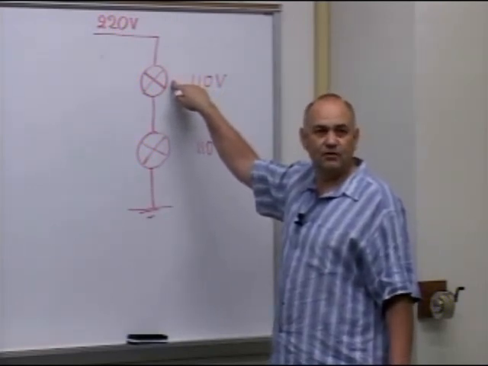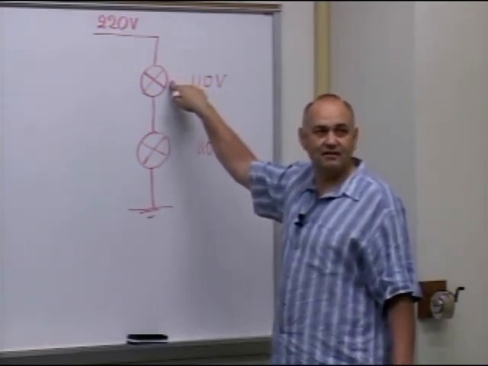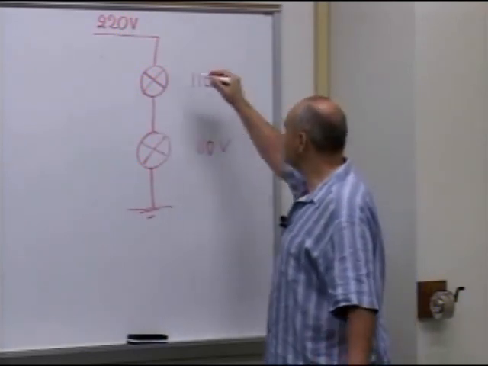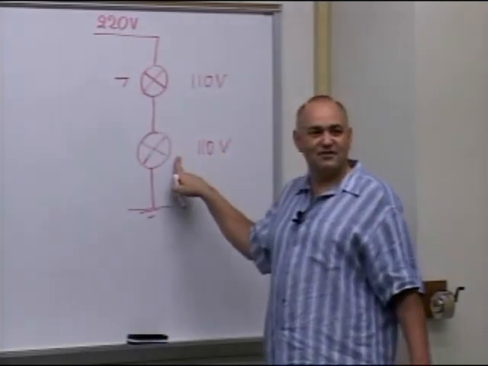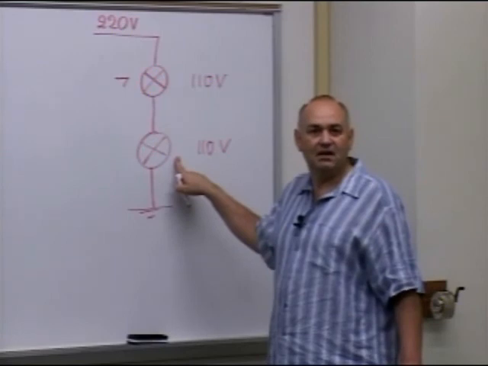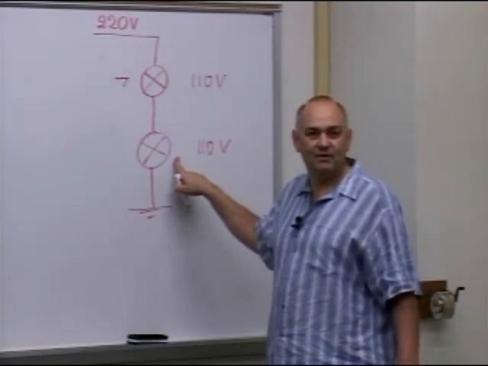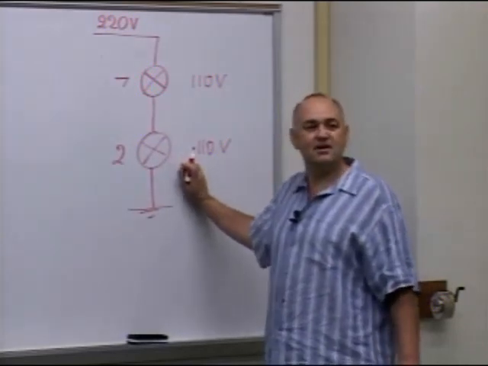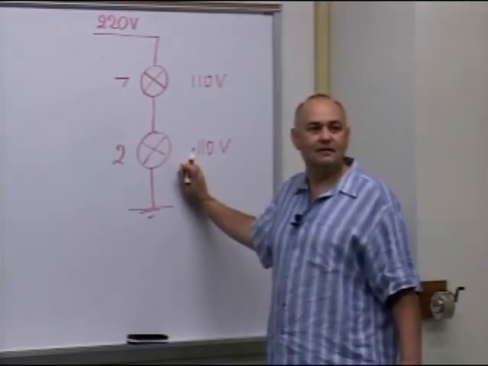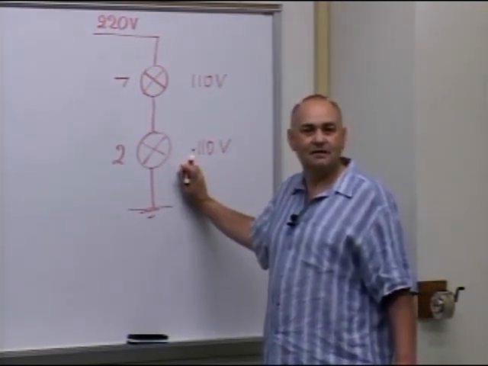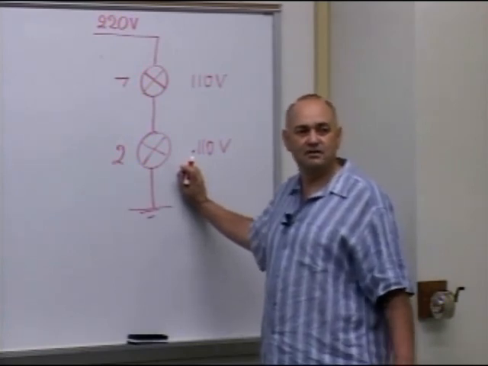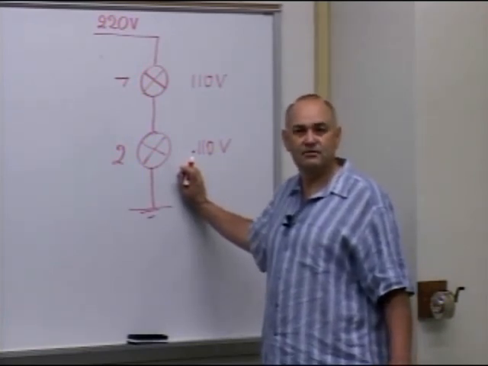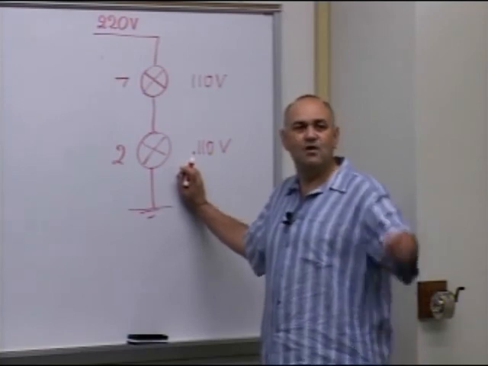1, 2, 3, 4, 5, 6, 7. Who votes for this one? 1, 2. We cannot say. Who thinks that it will work? 1, 2, 3.